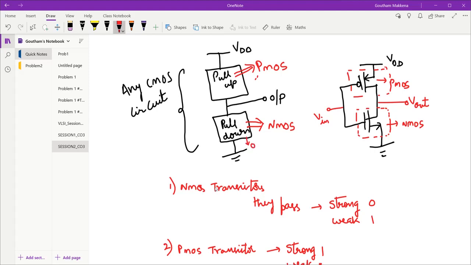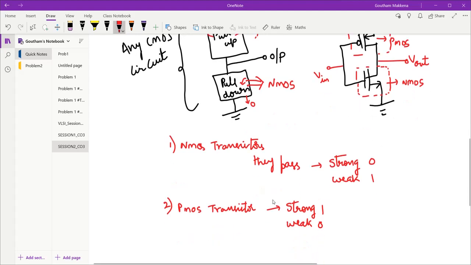Which of the NMOS or PMOS has a strong zero? NMOS has a strong zero, so that is why only NMOS transistors are used to pull down. Here also, pulling up something means making the logic level VDD, and VDD in digital is nothing but 1. It should make sense if you look at the conclusions that we made here. PMOS passes a very strong one.